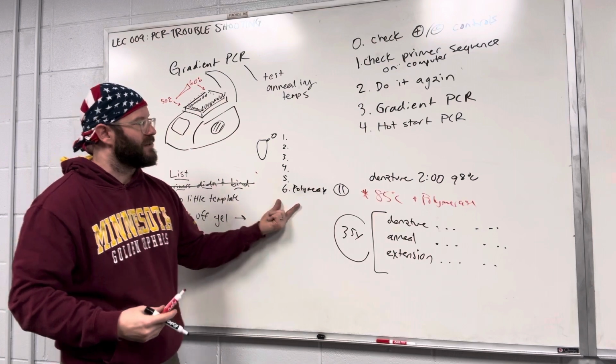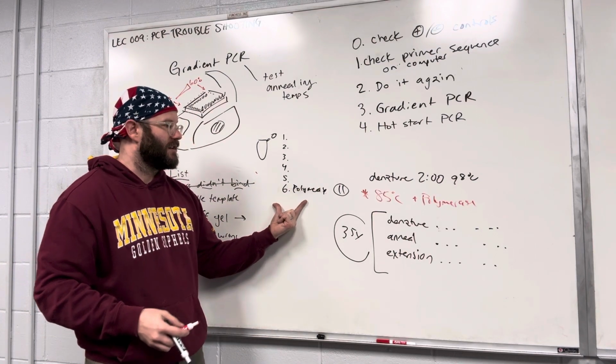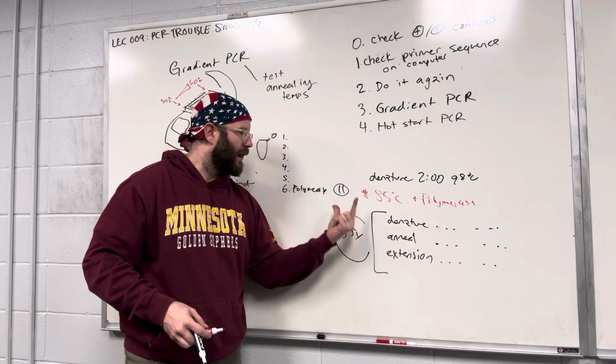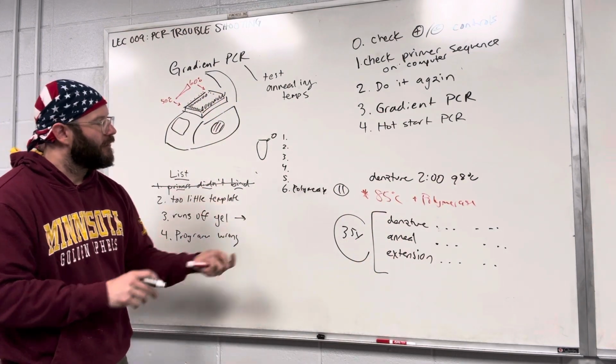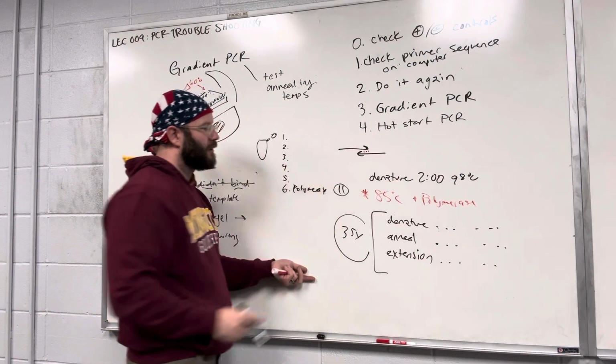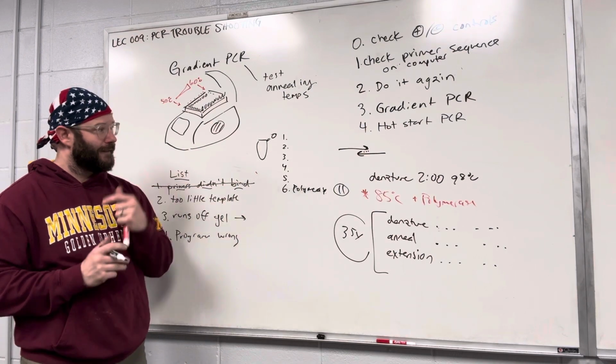So in a hot start PCR, your polymerase is not going into the tube until the program is right about to start the loop. How is that going to change the effect of primer dimers? How would that change a primer dimer result?